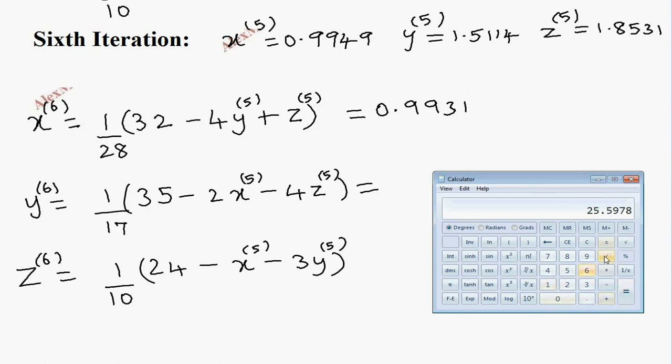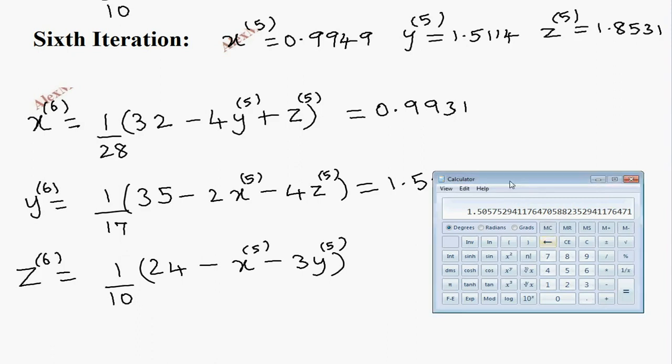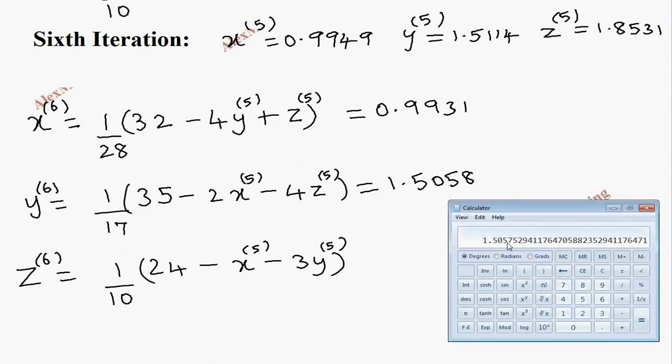This whole value divided by 17 gives 1.50575, so 1.5058 after rounding up to 4 decimal places.